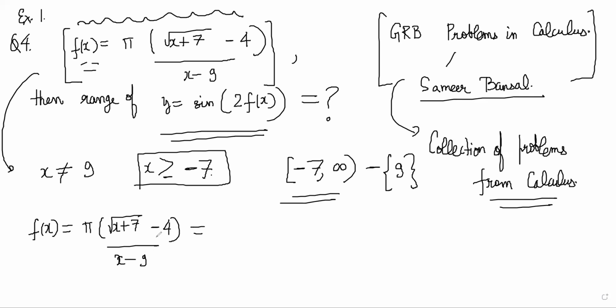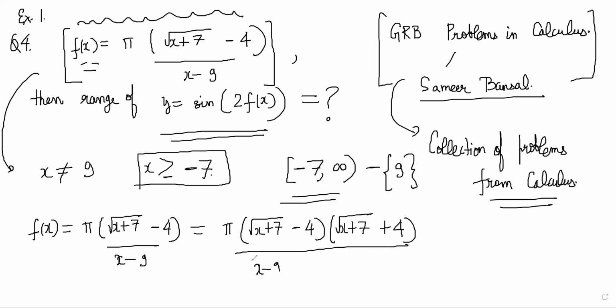To remove the root, you can rationalize the numerator, right? Root x plus 7 minus 4 into root x plus 7 plus 4 by x minus 9 into root x plus 7 plus 4. So on top will become x plus 7 minus 16, right? X minus 9 only, no?